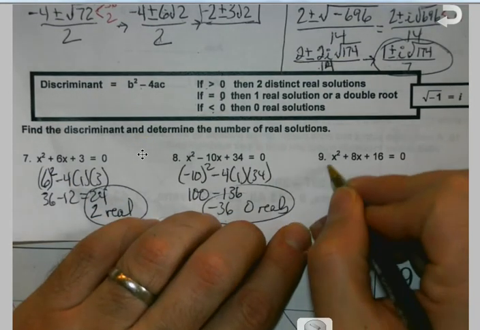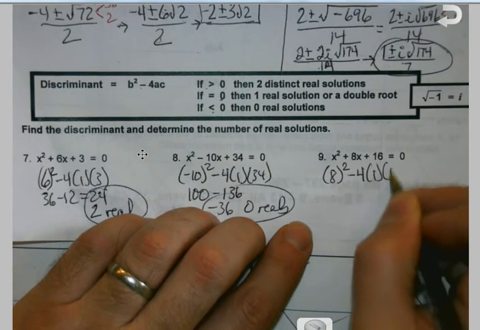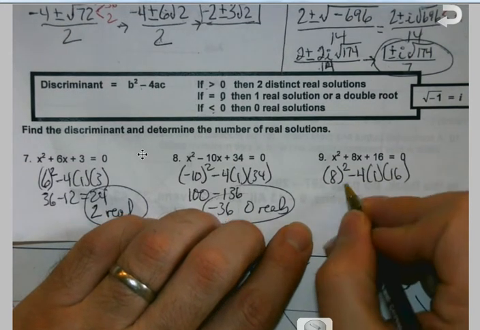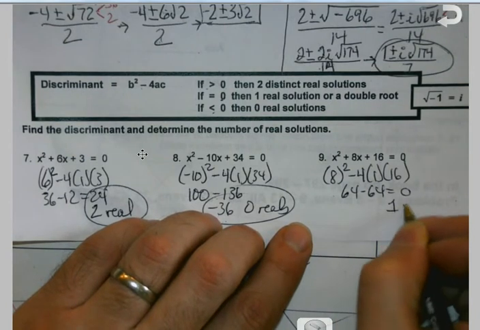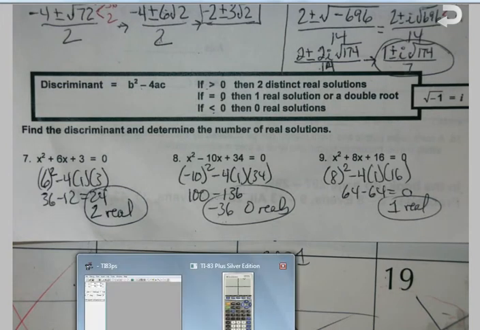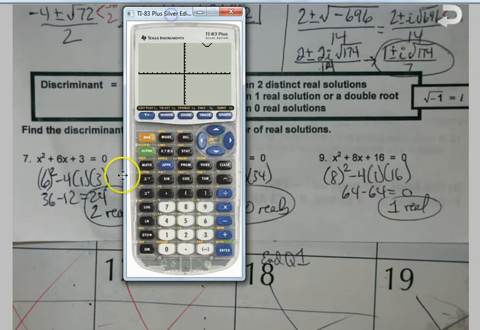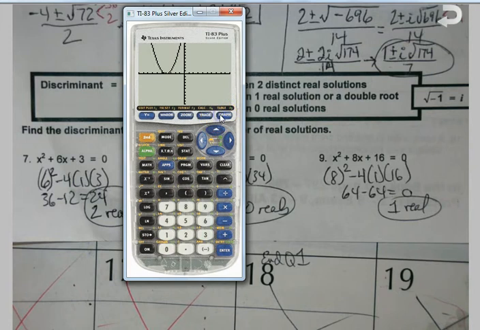Same thing here. b squared minus 4ac. 64 minus 64 is 0, which would be 1 real. And again, you sort of can visualize what that would look like. If I type this in, you also notice, hopefully, it's a perfect square trinomial, which is another giveaway for hitting it one spot.